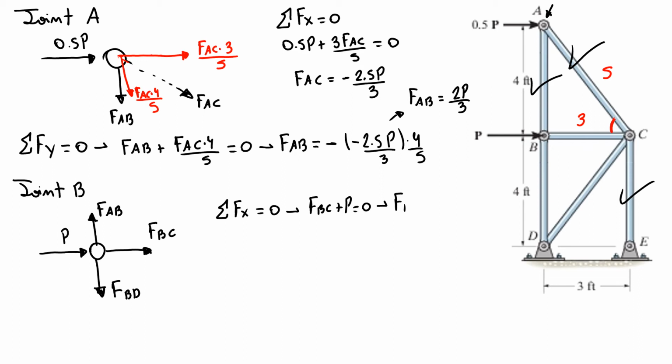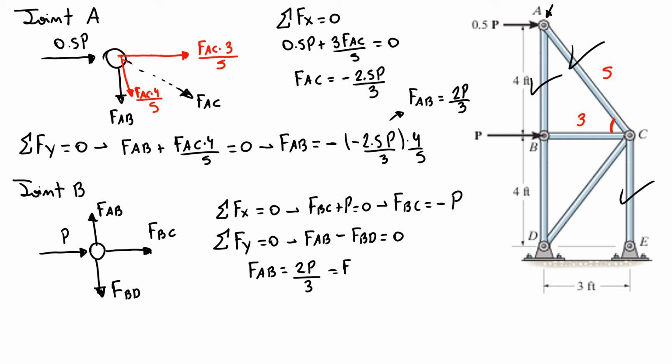So I have my FBC equals minus P, that will be in compression. If I use the sum of forces in y direction, I'll have FAB minus FBD equals 0. So our FAB is equal to P over 3. That's the same as our FBD. So now I discover this one and this one.